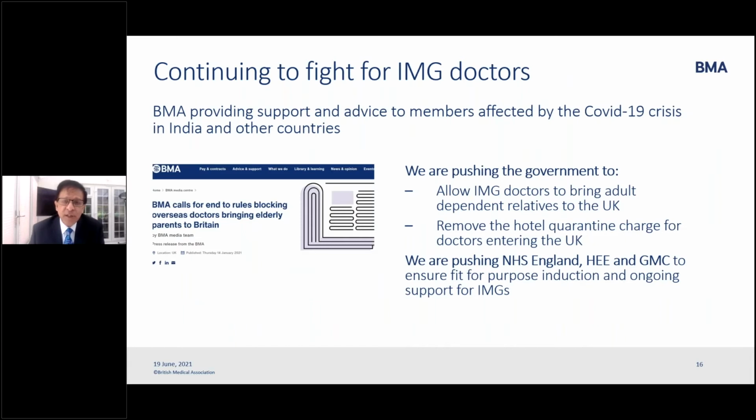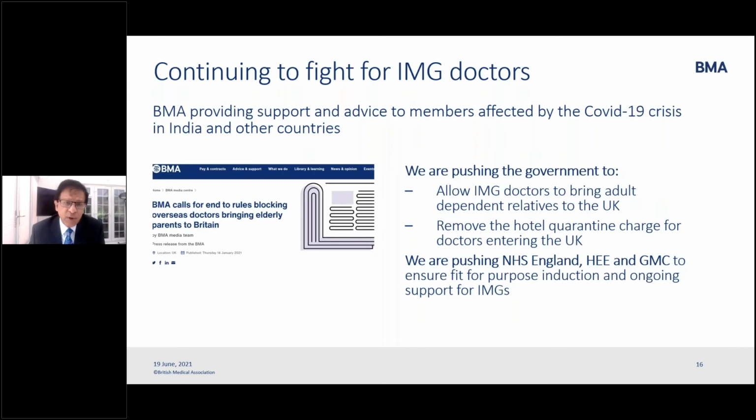At the moment, we have an issue that many overseas doctors have adult dependent relatives from other countries, and those relatives cannot be looked after in many cases and need to come here so that doctors and healthcare workers working in the NHS can be with their parents, and the current immigration rules actually do not allow this in any easy way.